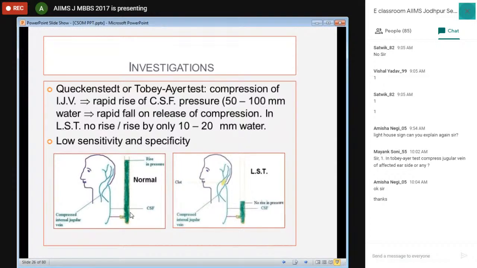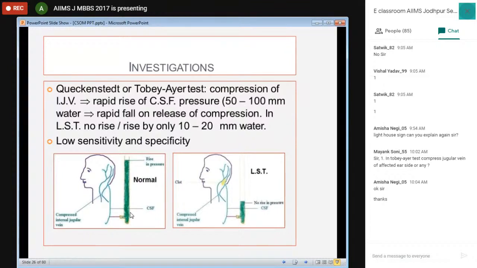When you compress the internal jugular vein, the blood flow from the brain to the IJV is hampered, leading to an increase in CSF pressure on the same side, not on the other side.